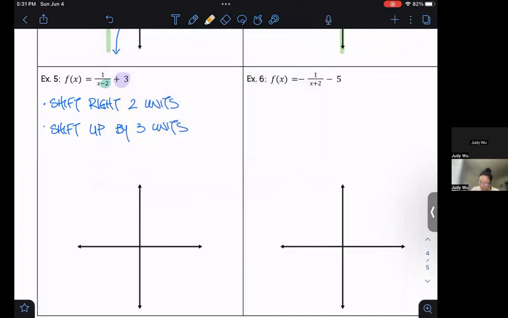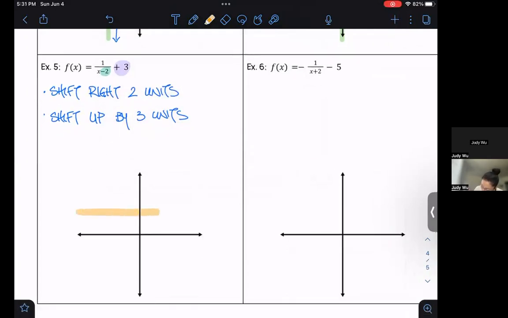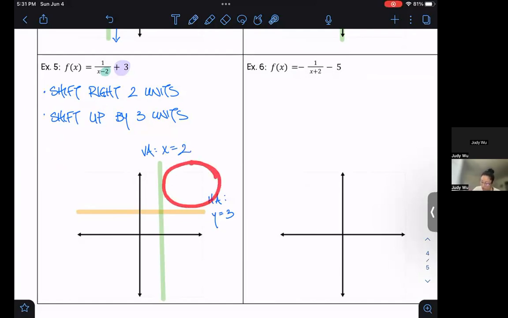So what does that change? Our horizontal asymptote is now going to be up at y equals 3, okay, because I've moved everything up 3. But our vertical asymptote is now going to be over 2, right? And in particular, this vertical asymptote is at x equals 2. Now there's no reflection, so I'm going to go ahead and assume top right and bottom left. So I've got one branch and I've got the other branch. Okay.